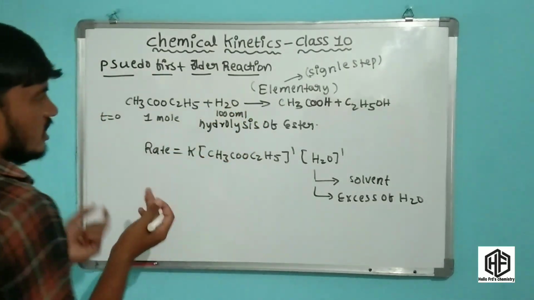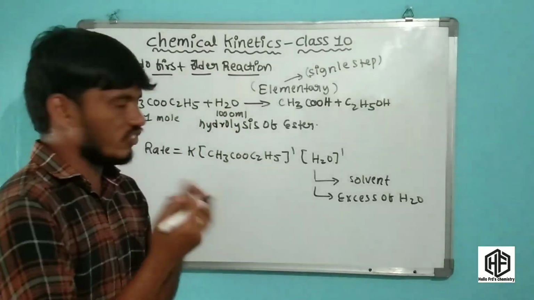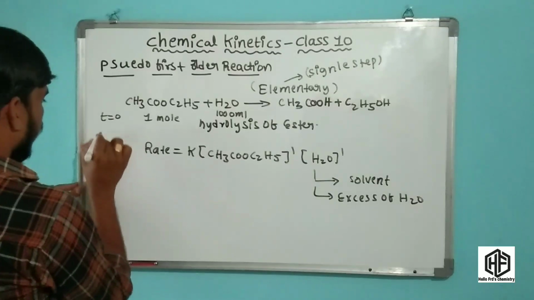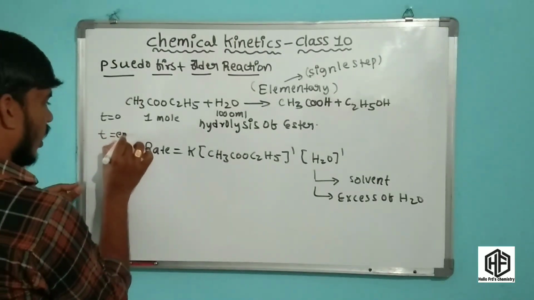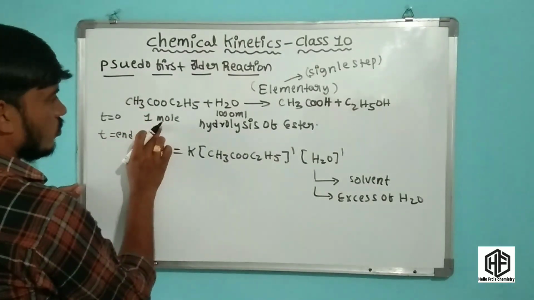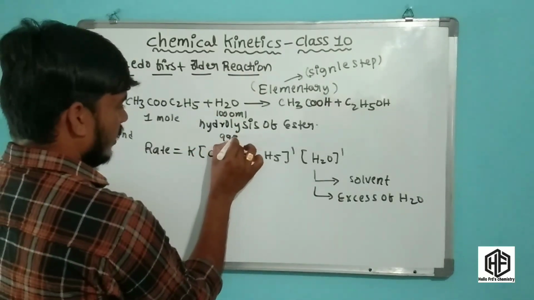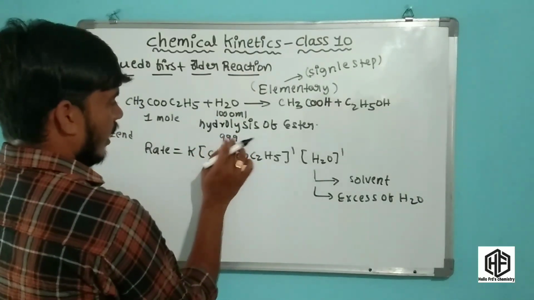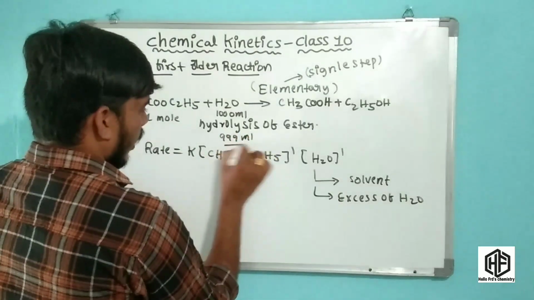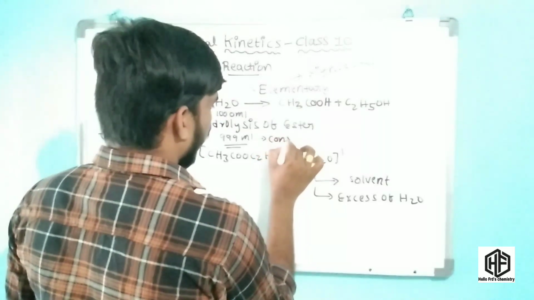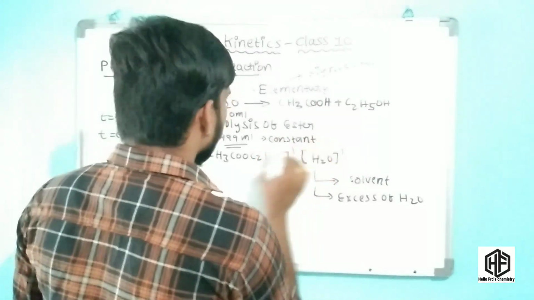Because of this the concentration is very high. After the end of this reaction, ester is 1 mole and 999 moles of H2O is remaining. This H2O is a constant in this reaction.